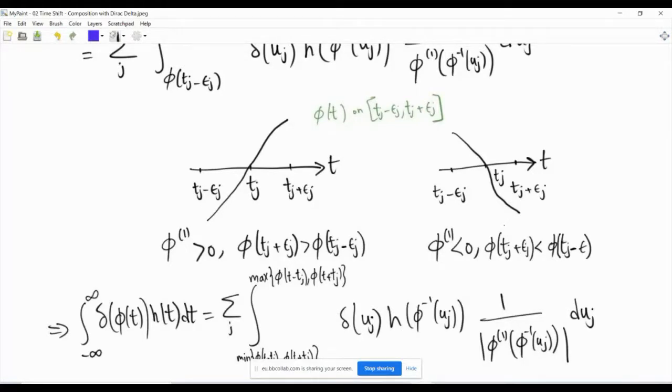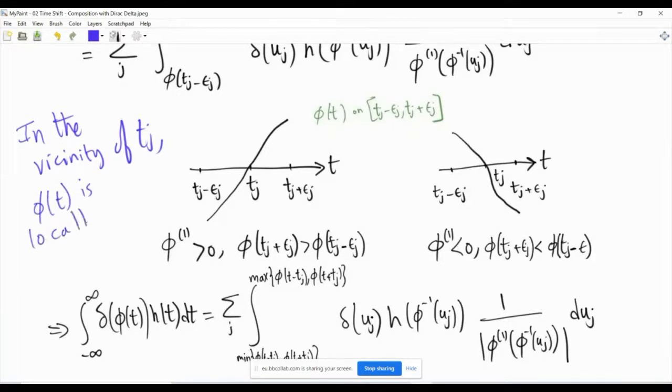So what does this mean? That in the vicinity of any tj, the function phi of t is locally monotonic, monotonically strictly increasing or strictly decreasing, so phi of t is locally invertible.